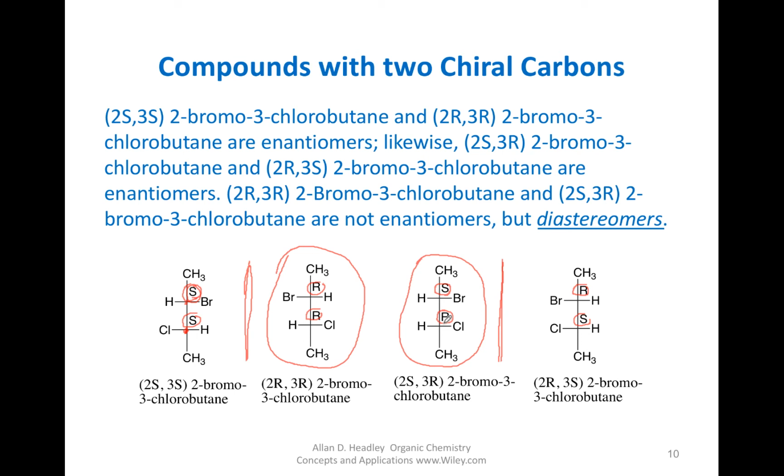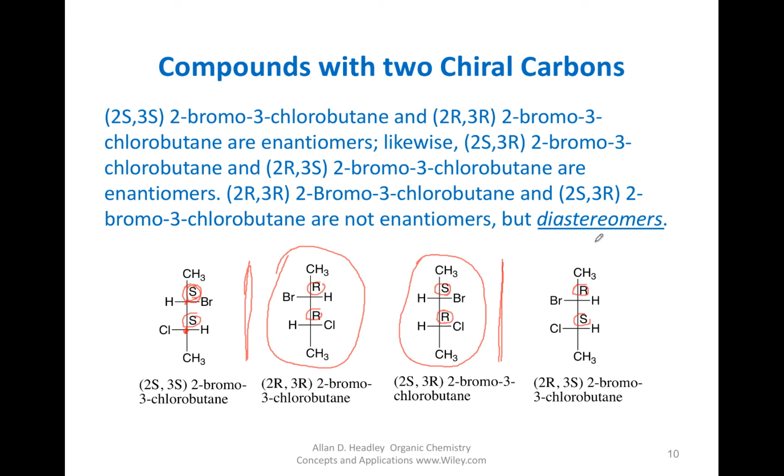If you try to superimpose them, they will not superimpose. All the atoms will not overlap. So try to visualize that, or even try to build it using your model set and see it. They are not enantiomers, and they are not the same.